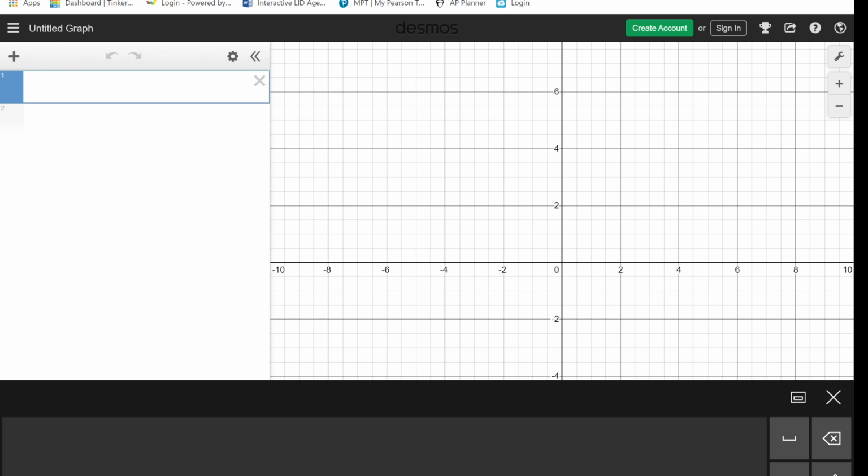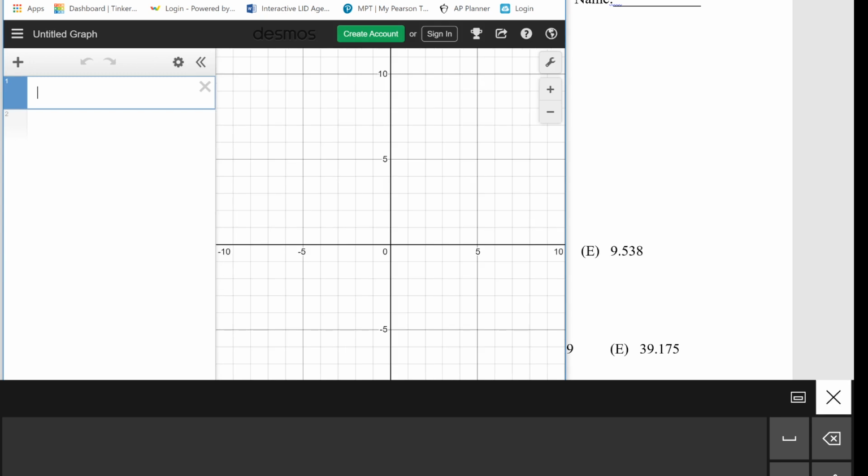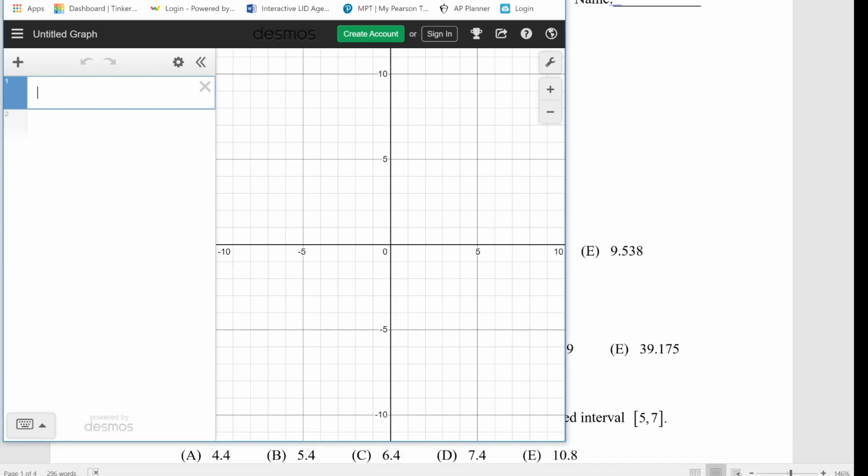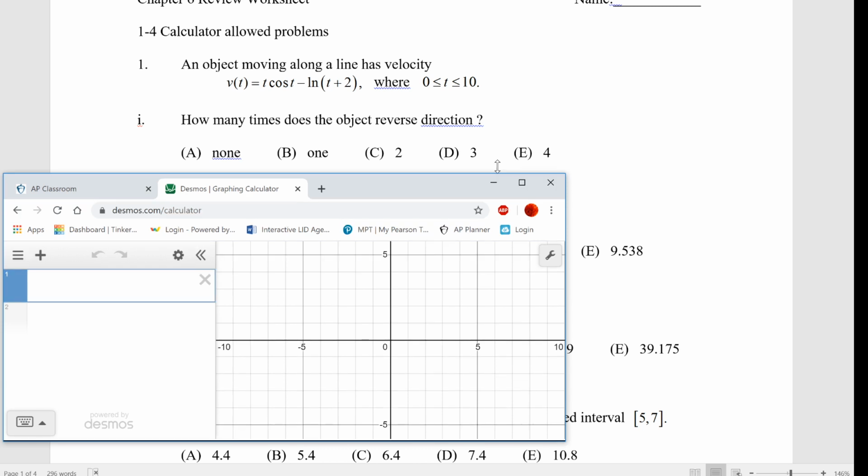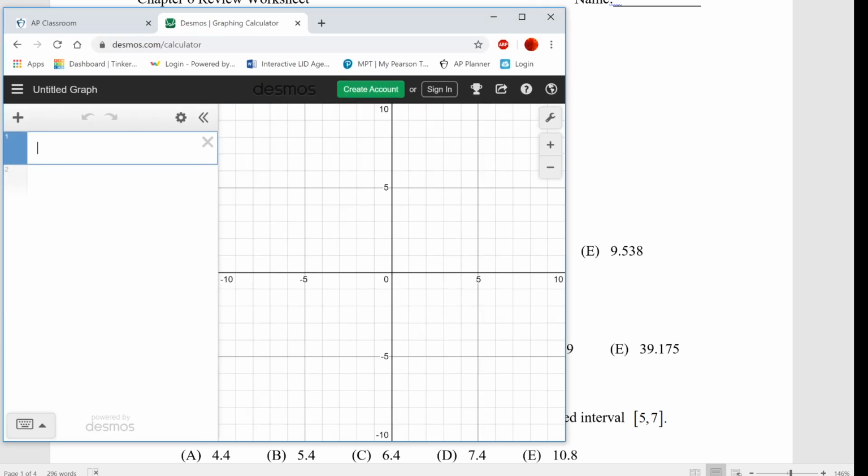Okay, so I forgot my function already. It is x cosine x minus natural log of x plus 2.